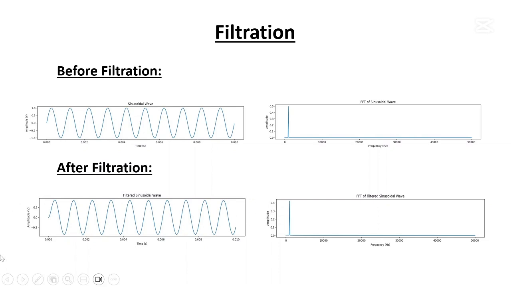Means it has no effect after passing through a low pass filter. You can say just a little bit of its amplitude will decrease and nothing else will happen here. So a sinusoidal wave will have no effect by passing through a low pass filter. It will look the same. This was the original, this was after filtration. You can see that these are the same.